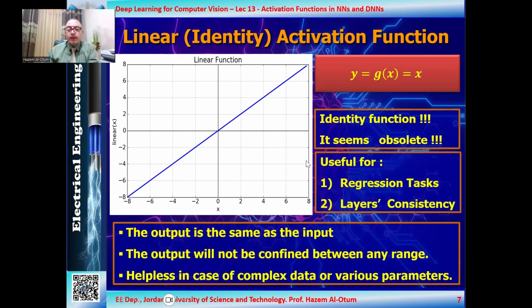Now, in the regression task we may use this function because we don't want to confine the output within a specific range. Also, it's done for layer consistency. Sometimes you just need to transfer the input directly to the output without any change. This is very helpful when we use the linear or identity activation function.